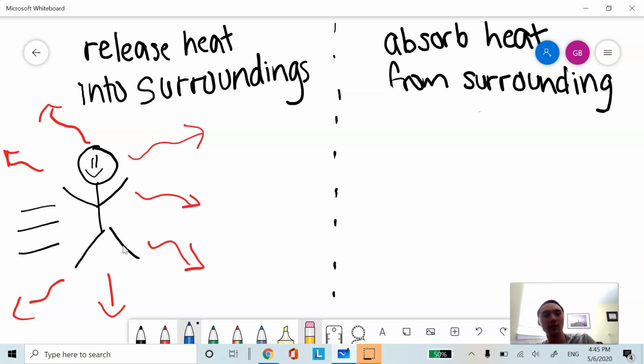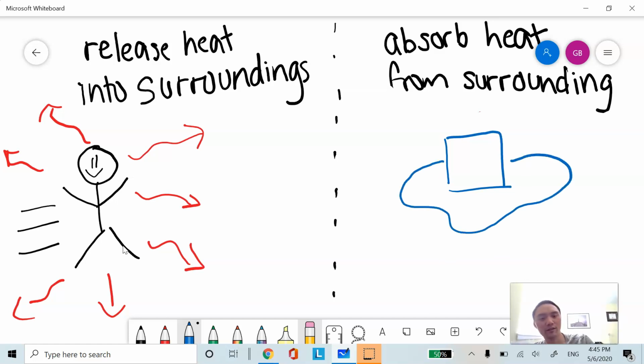Now on the flip side, if you're absorbing heat from the surroundings, it looks the exact opposite. So let's use an example of an ice cube. This ice cube is starting to melt, so there's a puddle of water forming around it. The reason there's a puddle of water is because the heat from the surroundings is now going into the ice cube.